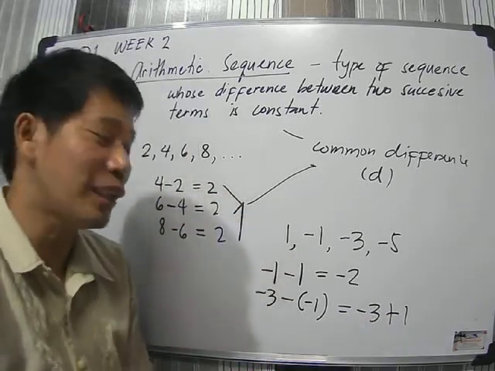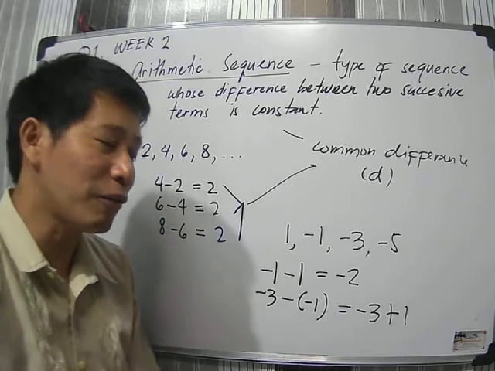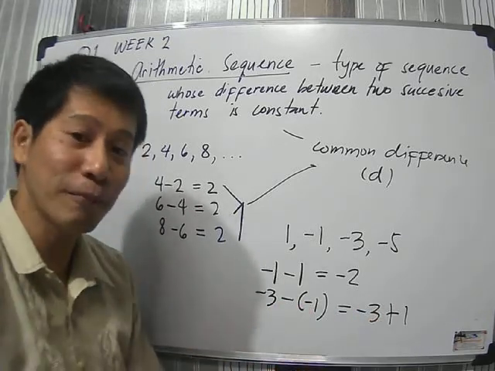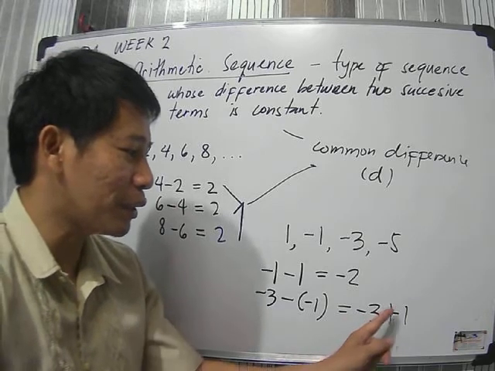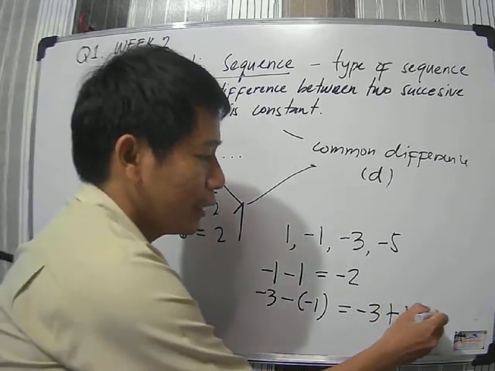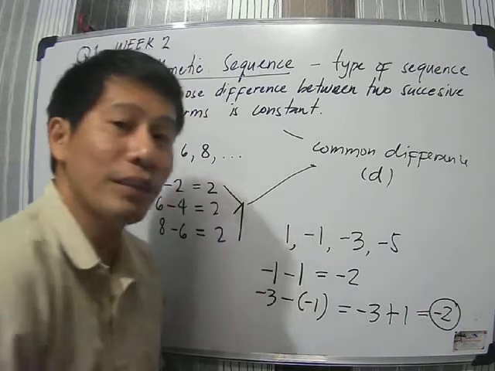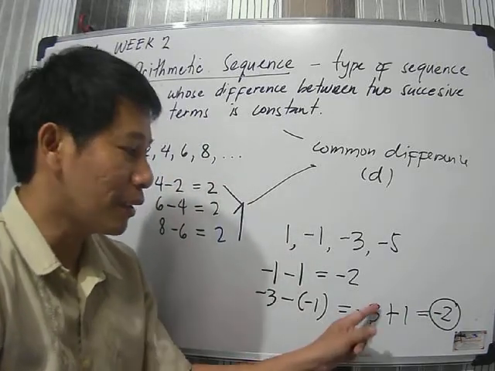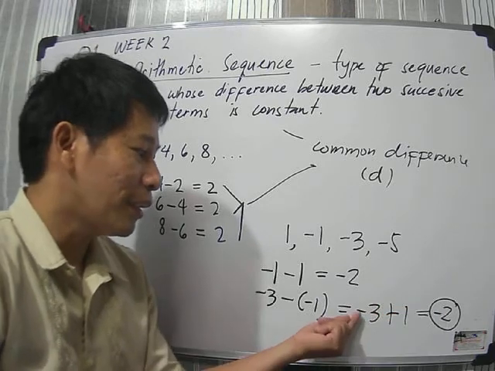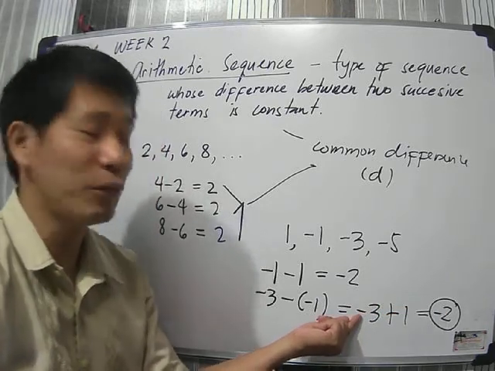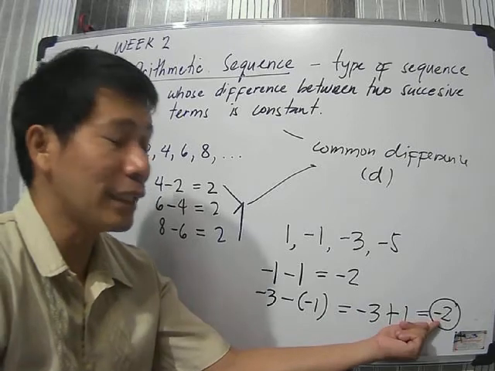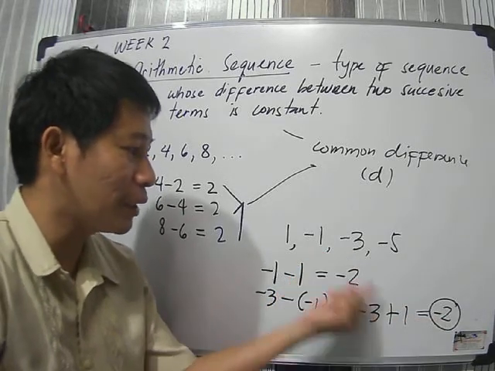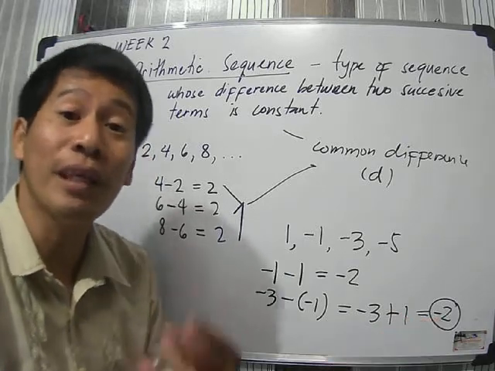So, yung rule natin in subtraction: whenever you encounter minus negative, magiging plus siya, right? So, what is negative 3 plus 1? The answer is negative 2. Kasi negative 3 plus 1, unlike sign, so we subtract 3 minus 1, that is 2, and it follows the greater absolute value, so negative 3. So, that's why it's negative 2. So, the difference between these two successive terms is also negative 2.